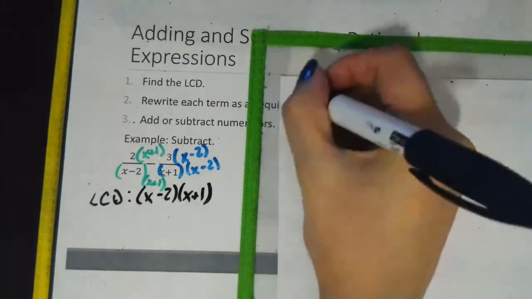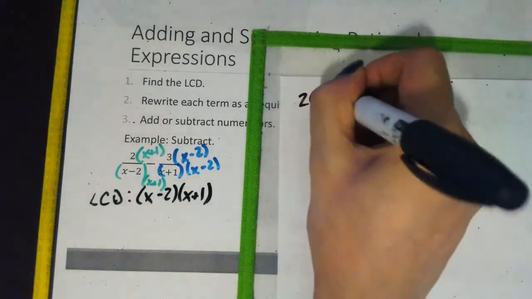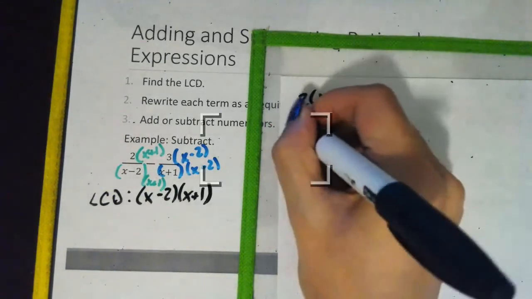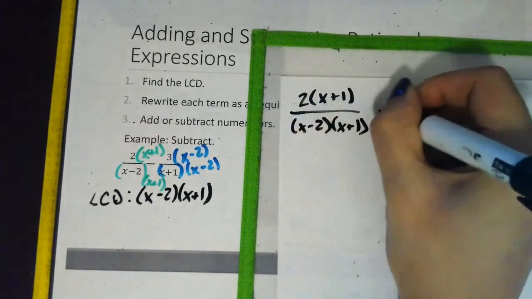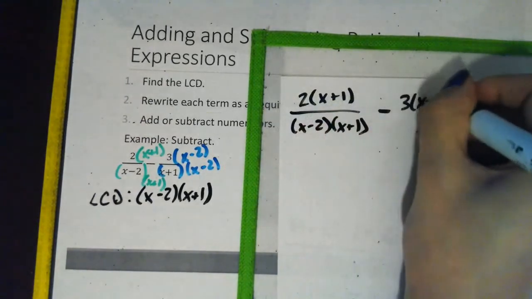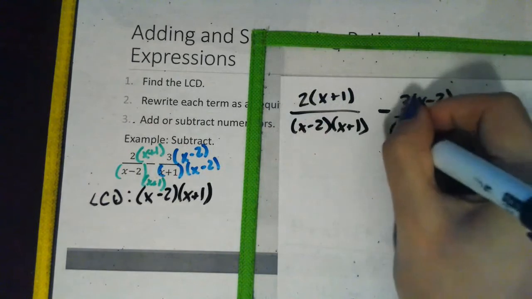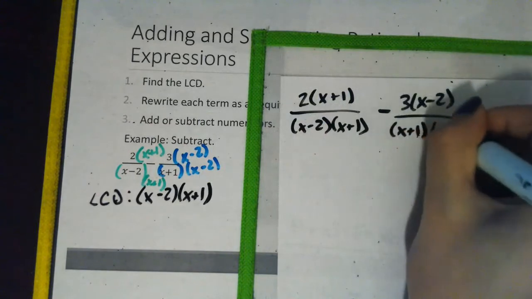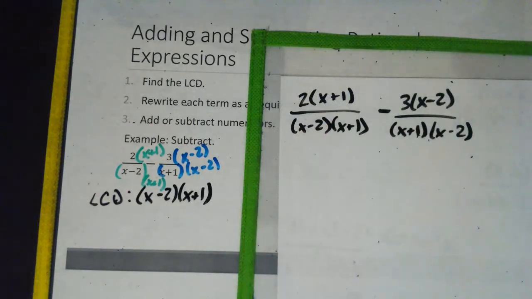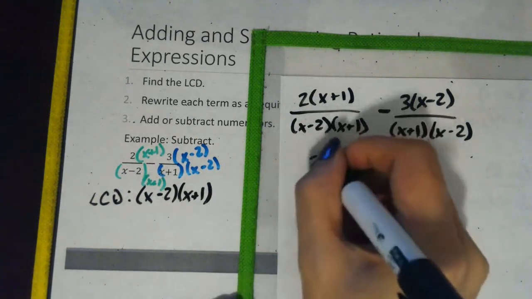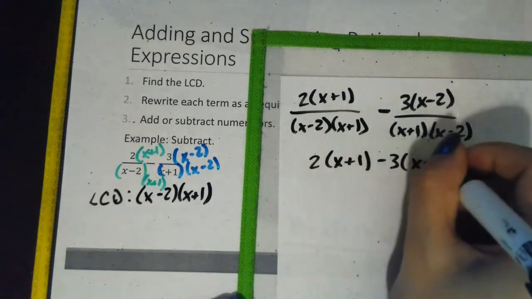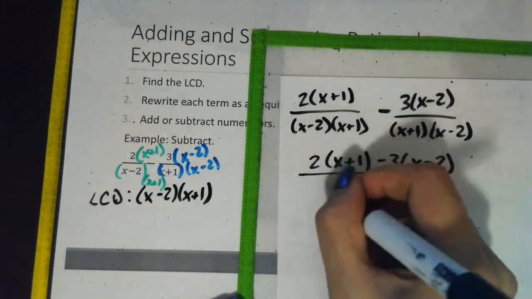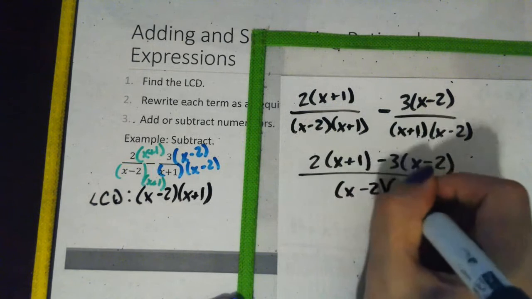So what I'm looking at is 2 times (x plus 1) over (x minus 2) times (x plus 1) minus 3 times (x minus 2) over (x plus 1)(x minus 2). Since they have the same denominator, I can put them together into 2 times (x plus 1) minus 3 times (x minus 2) over that common denominator, (x minus 2)(x plus 1).